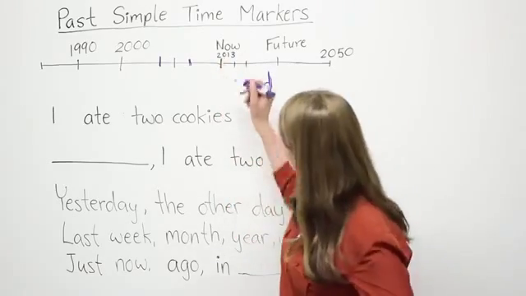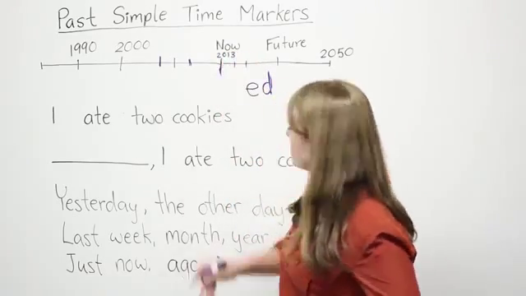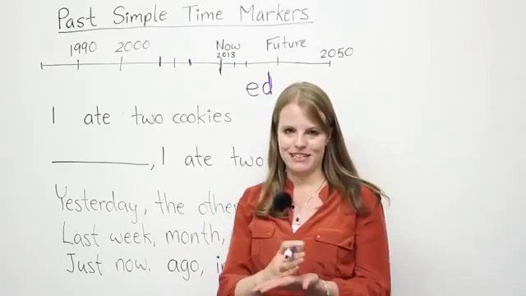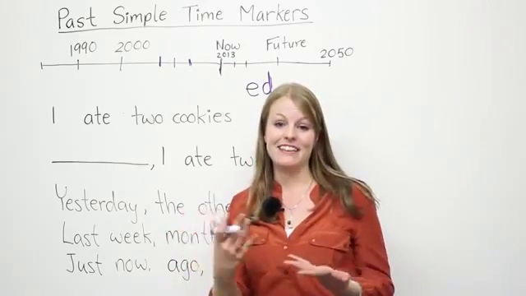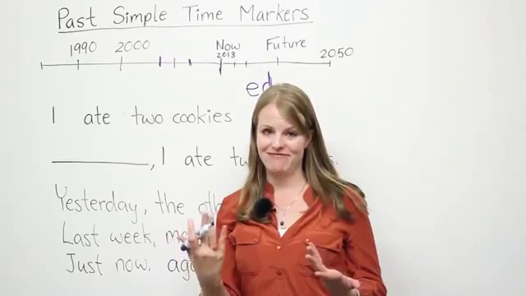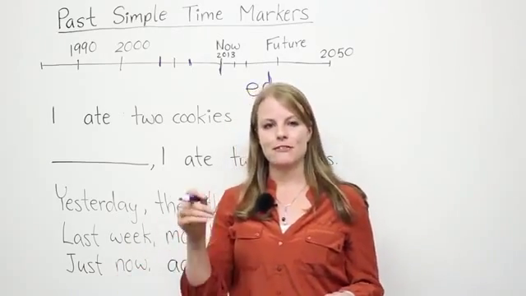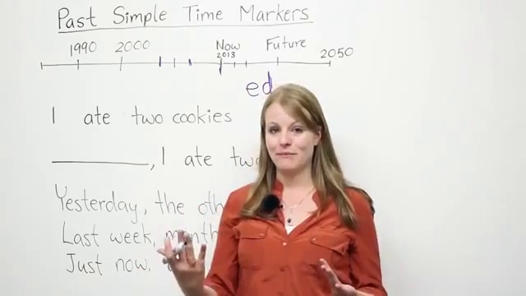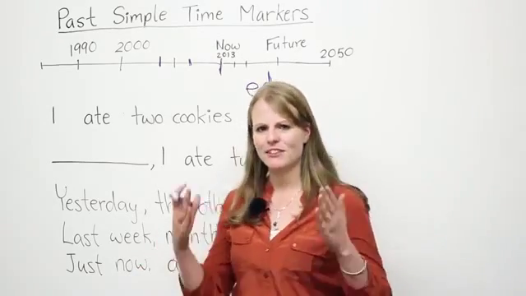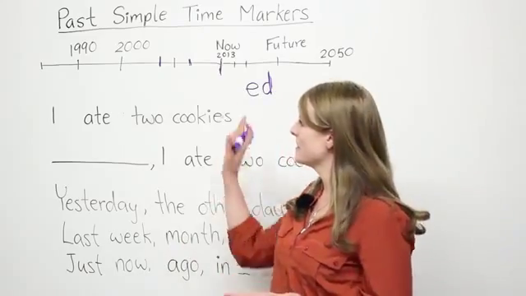This line right here represents now. Today, it is the year 2013. Maybe when you watch this, it will be 2014. But right now, as I film, it is 2013. So that's the present. That's now.